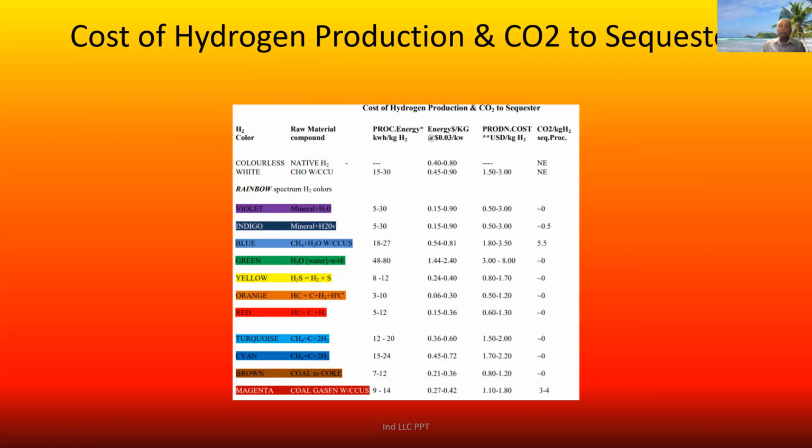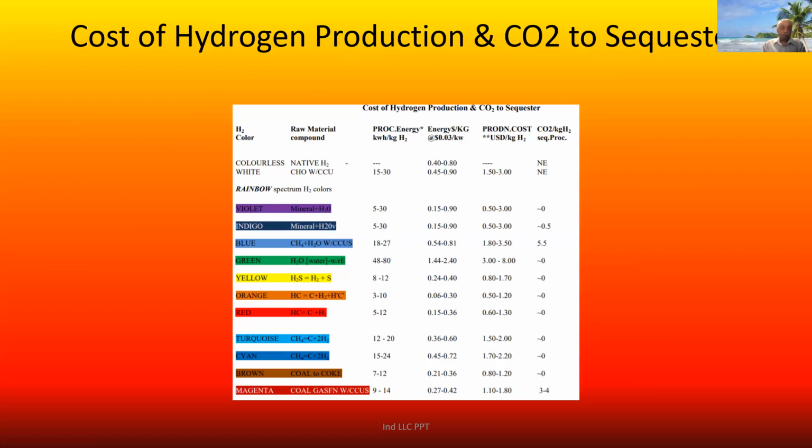And if you add carbon capture to it, capturing 5.5 kilograms of carbon dioxide per kilogram of hydrogen, then you produce what's called blue hydrogen. If you just do the electrolysis of water, which is clean, deionized, departiculated, and membrane-clogging free, and spend electrical energy, then we produce green hydrogen.